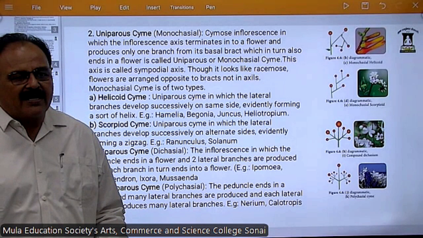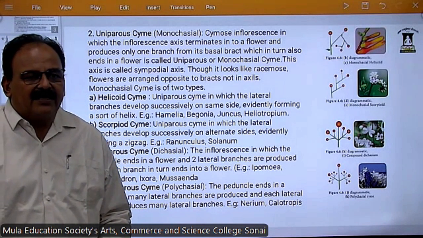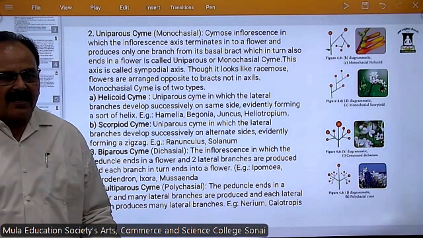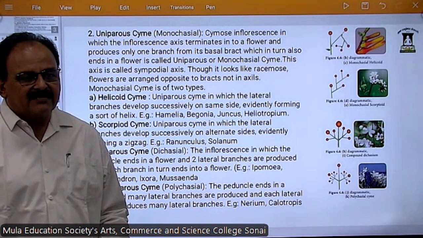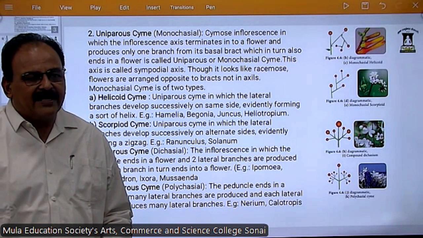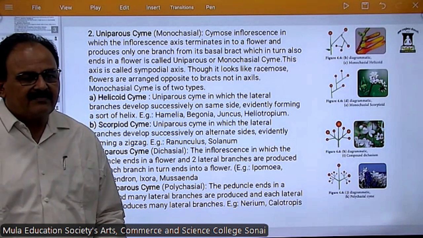This axis is called a sympodial axis. Now it looks like a racemose, but flowers are arranged opposite to the bracts, not in the axis. Monochasial cyme is of two types, that is helicoid and scorpioid.